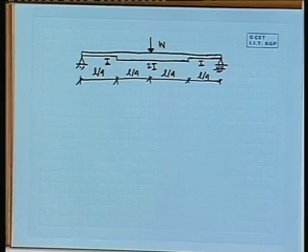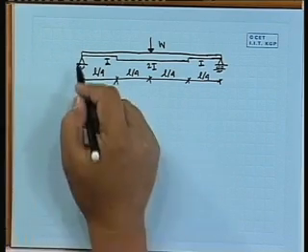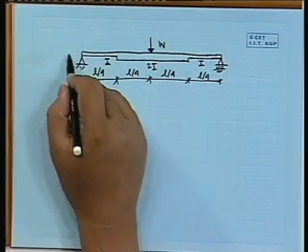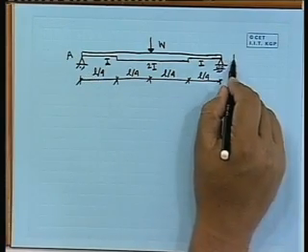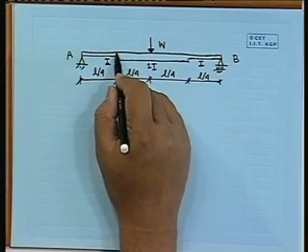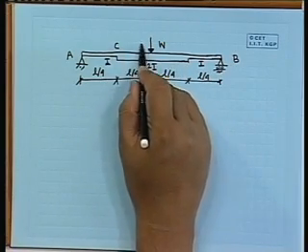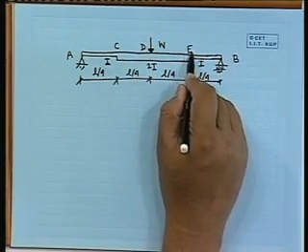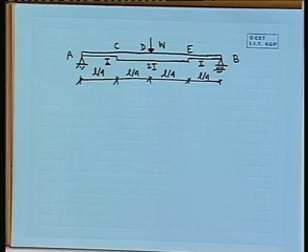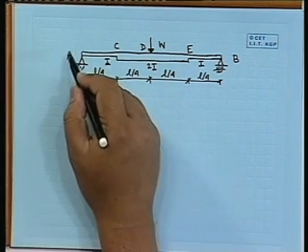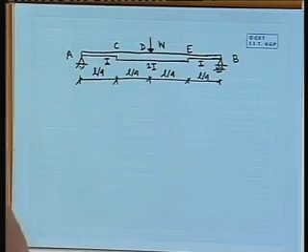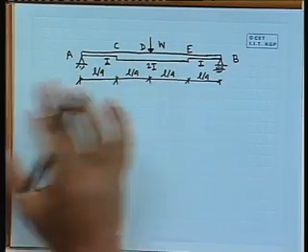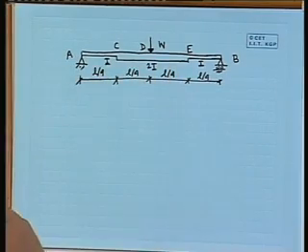and we are interested in finding out the slope at one of the supports. So, say this is A, this is B, here if I say C, then D and E. The beam has a symmetrical type of load and geometry.